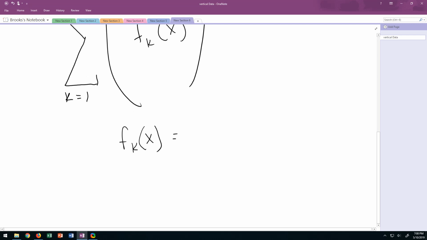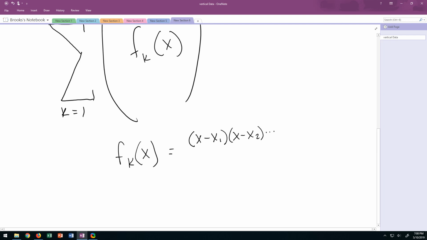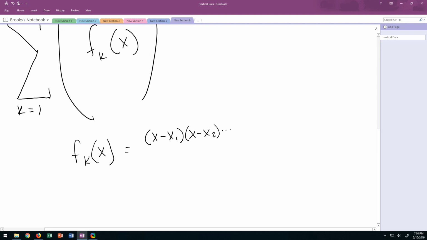So f sub k of x is going to have the form x minus x sub 1 times x minus x sub 2 times x minus x sub 3 and so on up until x minus x sub k minus 1. And then we're going to skip, like we did before, the kth x.